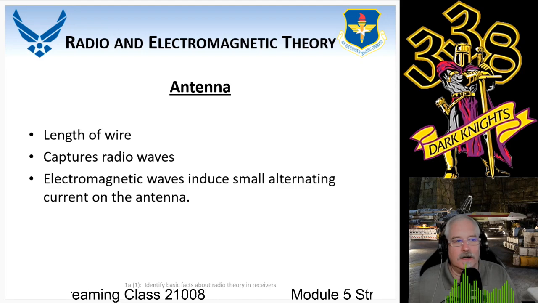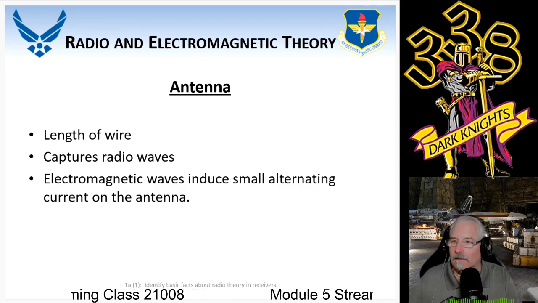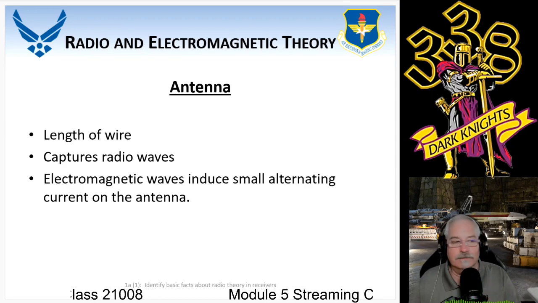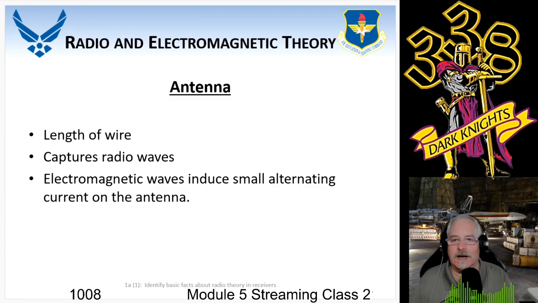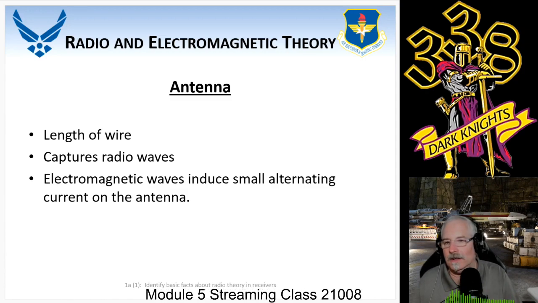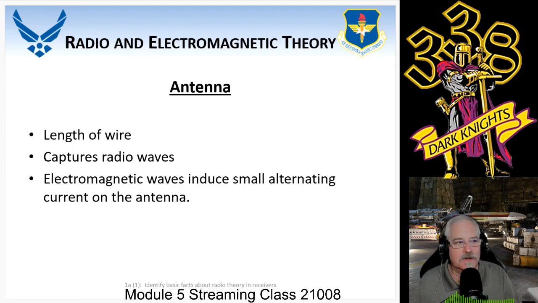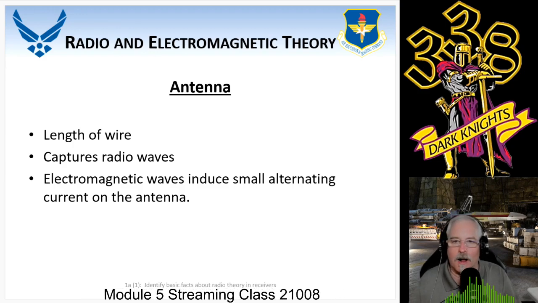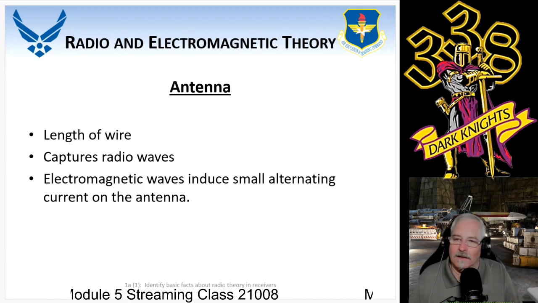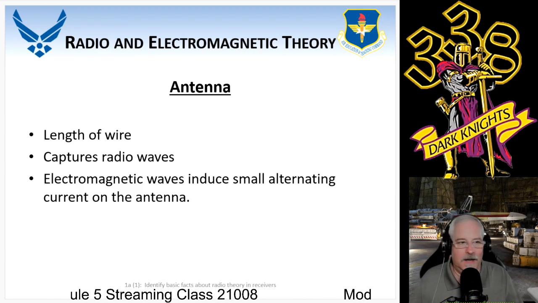We look at the antenna. Again, it's a length of wire. What's it used for? I need to get that RF captured. What does it do? Well, because the transmitter is so strong, the receiver is going to end up with something extremely small. So that's the problem with the transmitter versus the receiver. The receiver, man, any wire.